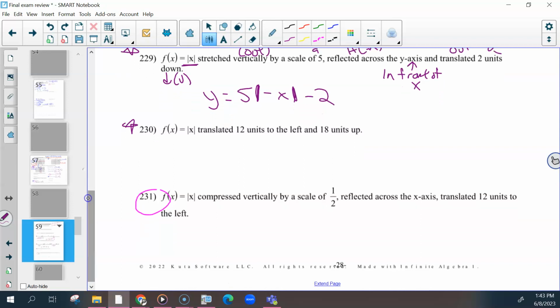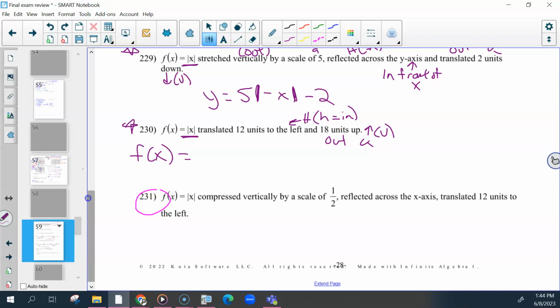And then at 230, we have our parent function. Translated 12 units to the left. That's horizontal. That's going to be your h value. And 18 units up. That's vertical, so that's outside. That's your k. So we have f of x or y equals.